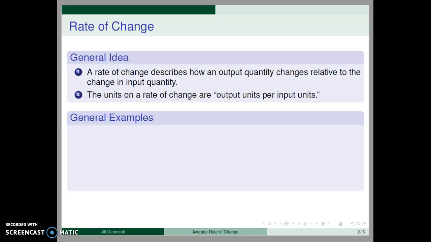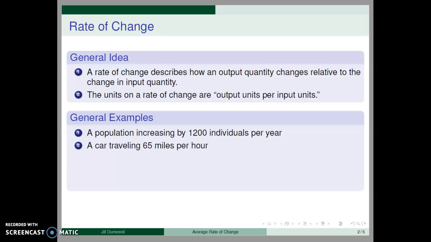Let's consider some really basic examples. A population increasing by 1,200 individuals per year, or a car traveling 65 miles per hour. We could consider a car traveling 28 miles per gallon.